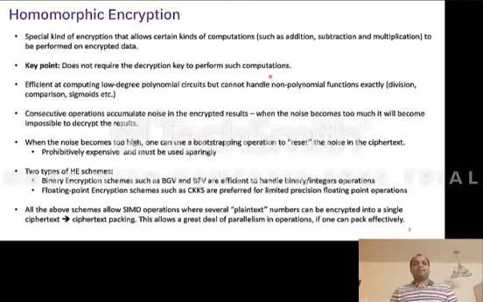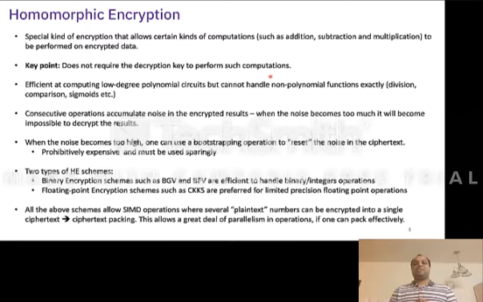So a brief primer about homomorphic encryption. It's a special kind of encryption that allows certain kinds of computations, such as additions, multiplications, subtractions, and so forth. The key point, as I mentioned, is that it does not require the decryption key to perform such computations. Now, it can effectively compute low-degree polynomial circuits, but homomorphic encryption doesn't handle non-polynomial functions in an exact fashion.